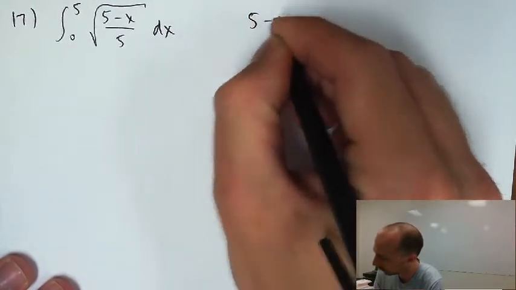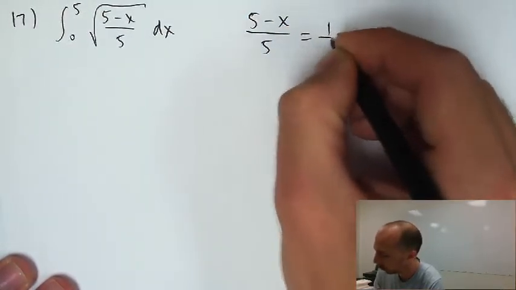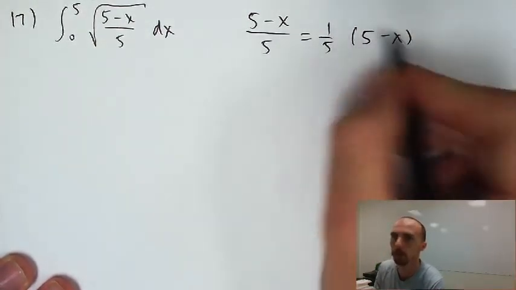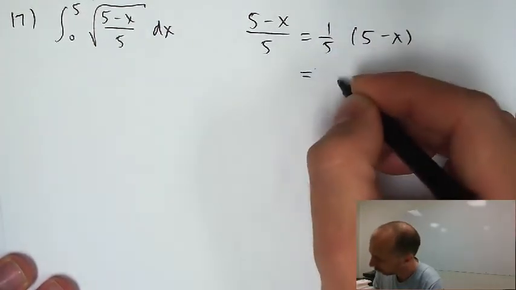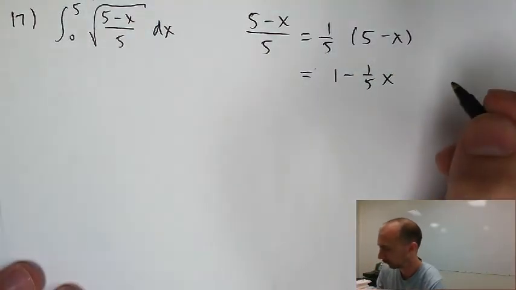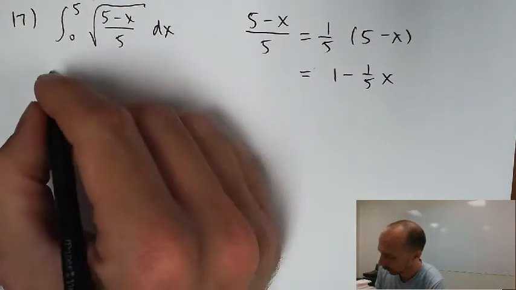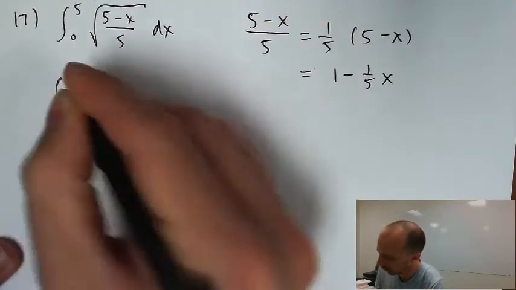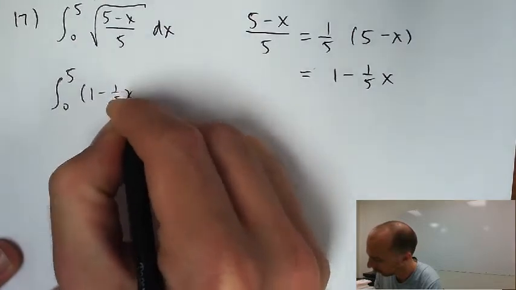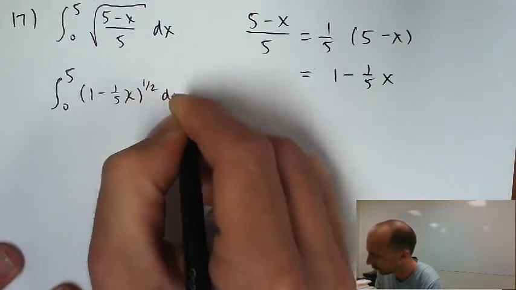So 5 minus x divided by 5 is equal to 1/5 of 5 minus x. So I distribute, and I will get 1 minus 1/5 of x. So really what I'm integrating is the integral from 0 to 5 of (1 minus 1/5 x) to the 1/2 power dx.